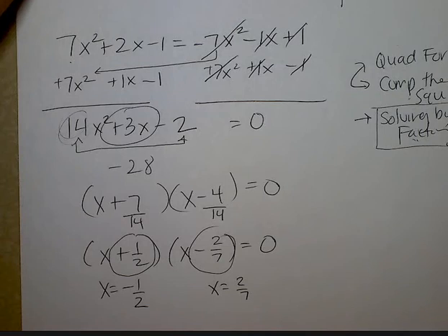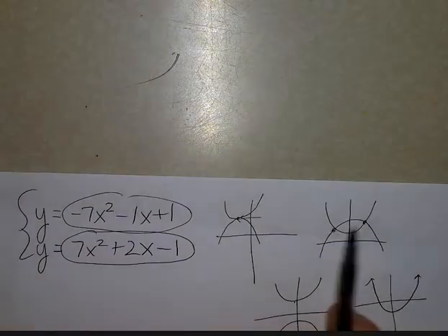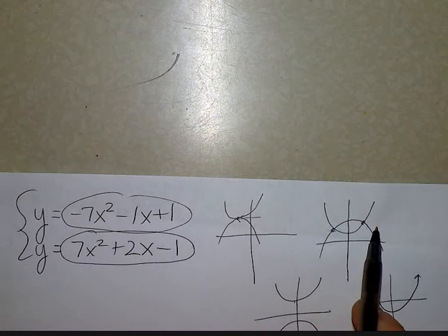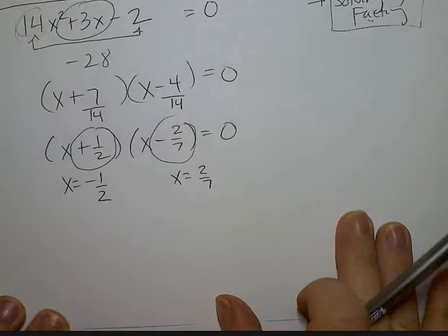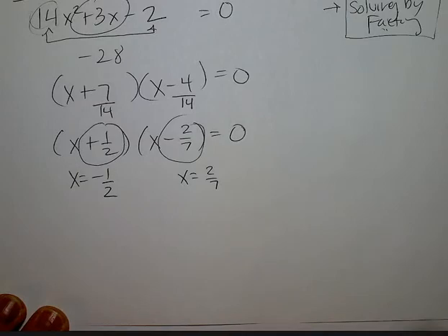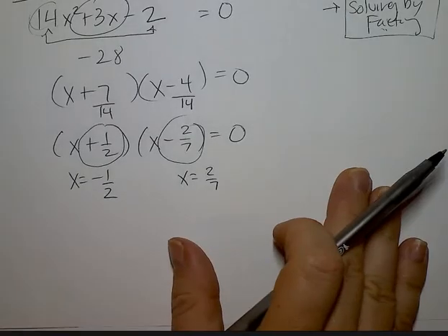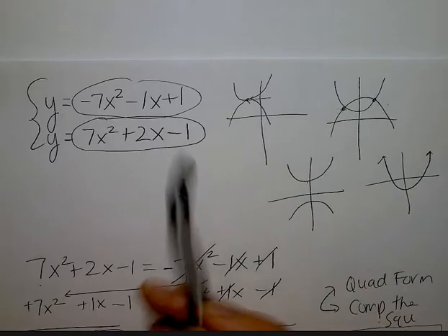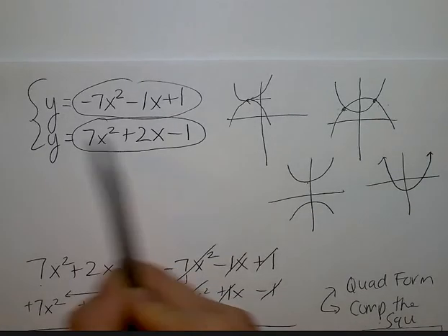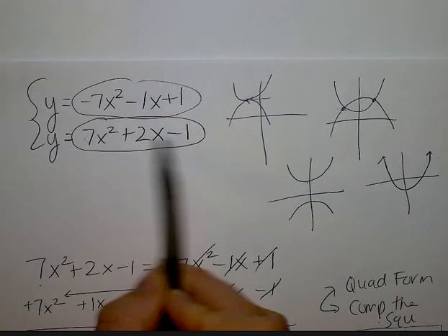Now, like I told you up above, I have two x answers, but every x answer has a corresponding y answer. So I'm halfway done. Now you look up to the original two equations and choose which one looks easier to work with for you. There's no wrong answer. Since this one doesn't have a negative, I'm going to choose the second one.